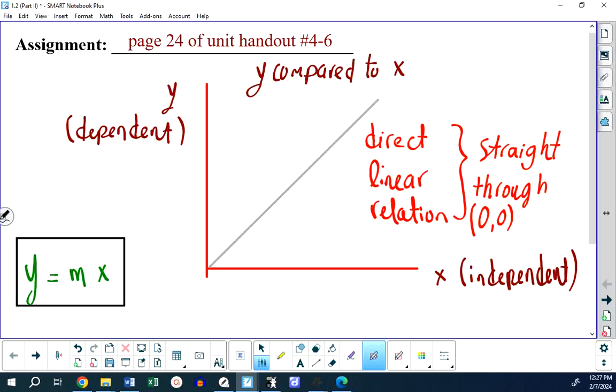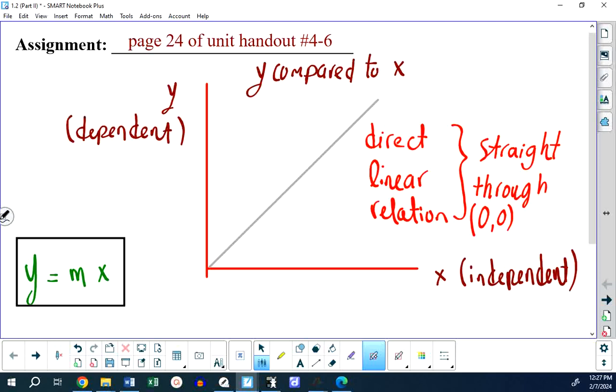What does that mean? Slope. I don't know who came up with that decision. What should we abbreviate the slope as? M. Okay. I don't know why it's m. We don't know why it's m. It doesn't matter. So now that you know what a direct linear relation is, if you ever want the equation, you simply find the slope and then you have the equation.